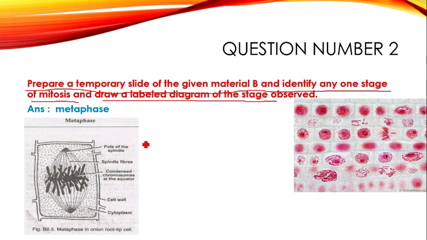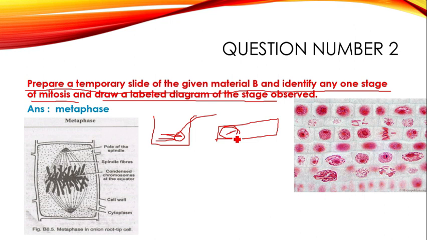For this they will give onion root tips. Then you have to take the sharp corner of the onion root tip. With that you have to prepare the slide by using acetocarmine as the staining agent. Acetocarmine is absorbed by the genetic material, so the chromosomes are easily visible to you.